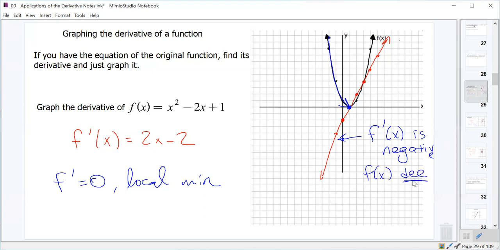And after the place where our derivative was 0, where our derivative was positive, our function was then increasing. So when f prime was positive, or greater than 0, f was increasing.